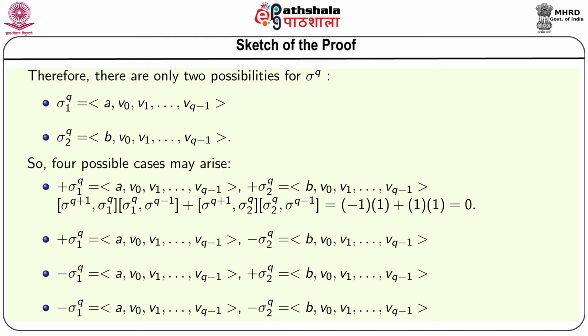And similarly, in the last case, when both the simplexes sigma q1 and sigma q2 are negatively oriented, the value will be 0. We shall see subsequently that this result on incidence number plays a very important role.